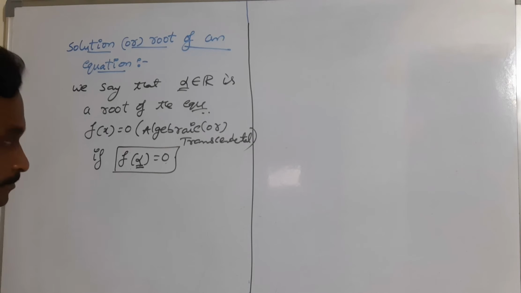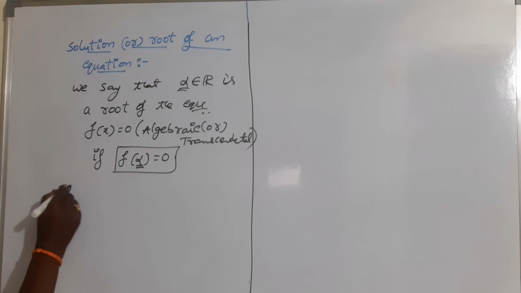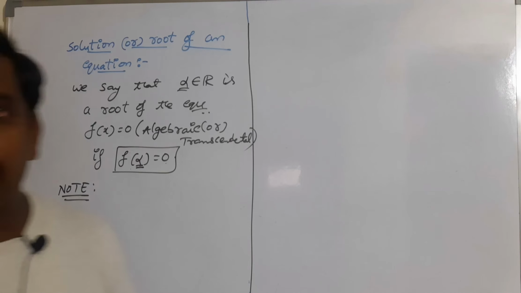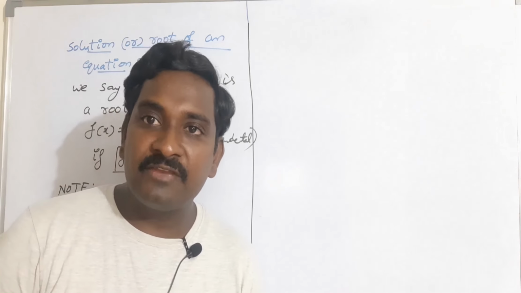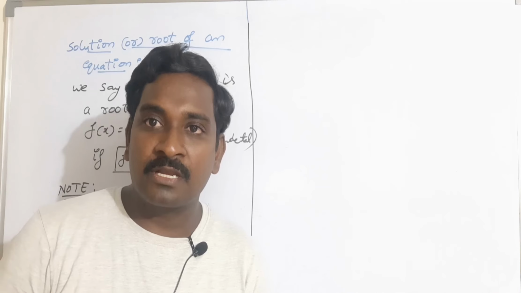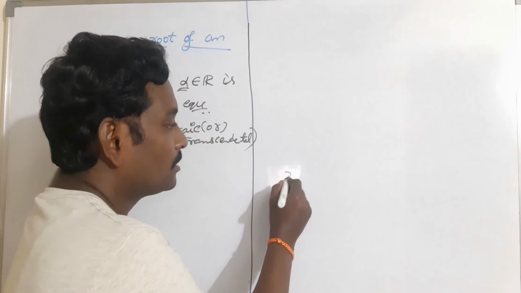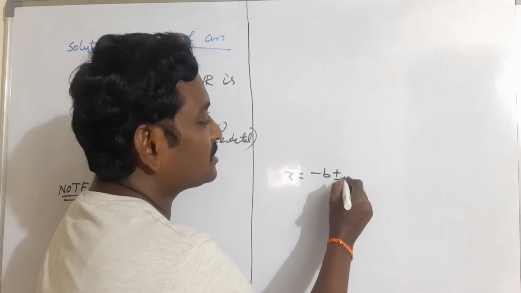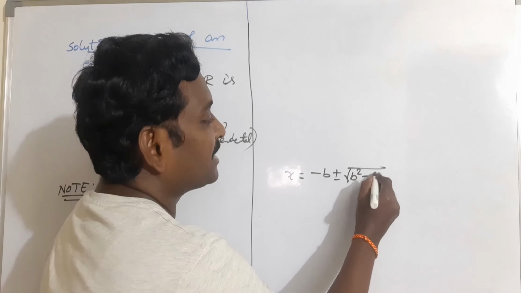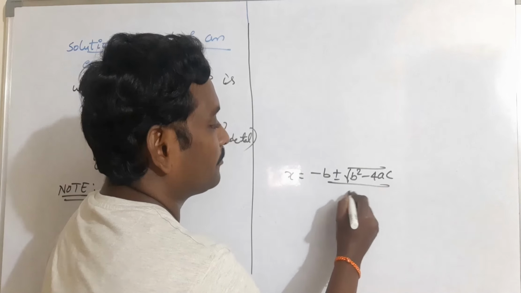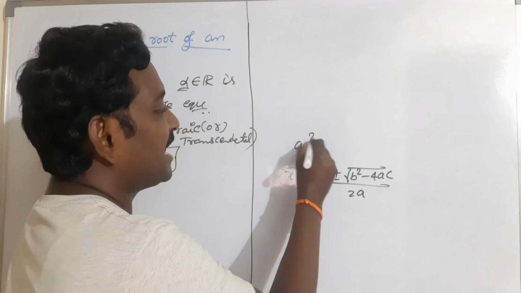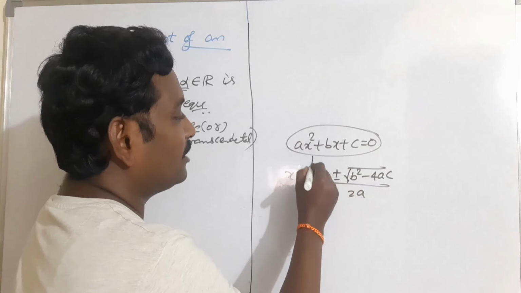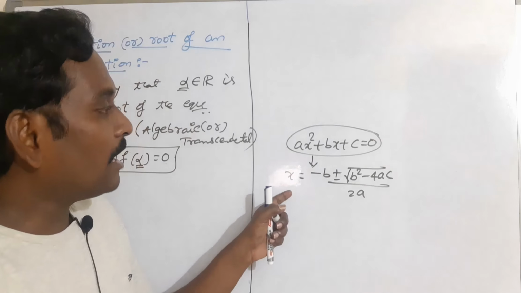Now how can we find the roots of an algebraic equation? From our intermediate knowledge, if the given equation is a quadratic equation, how can we find its roots? By using the formula minus b plus or minus root over b square minus 4ac by 2a. If the given equation is an algebraic equation of the second degree, then we can use this formula to find the roots.